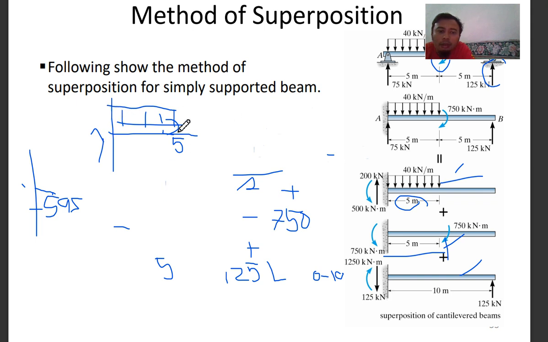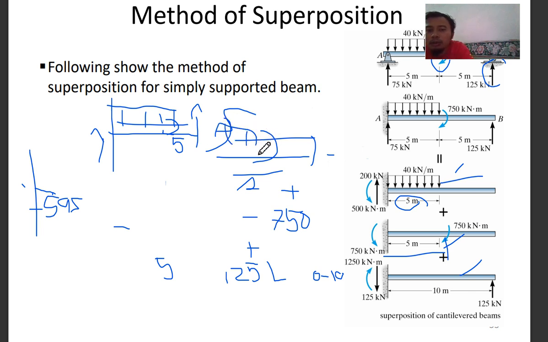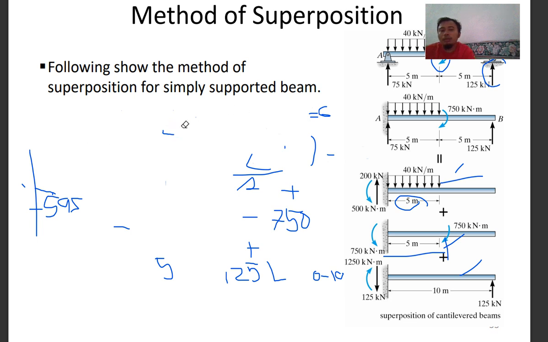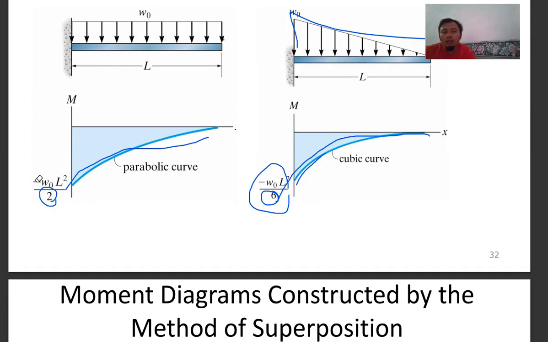Then you need to know the shear value and the moment value here, and then at the midpoint, after the moment, you need to know the value, and after the moment point here, for example at x equal to 6, need to find the value. So it is simpler compared to other methods, because you already have your standard function for shear.